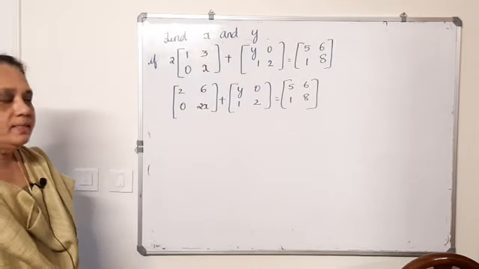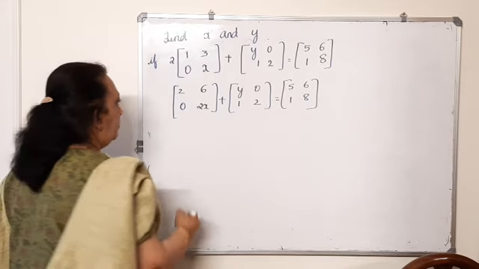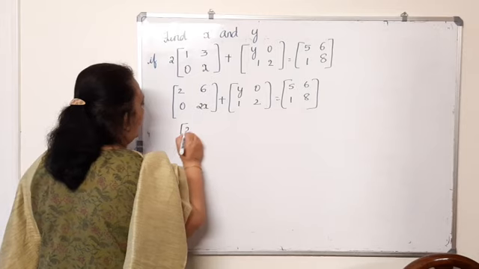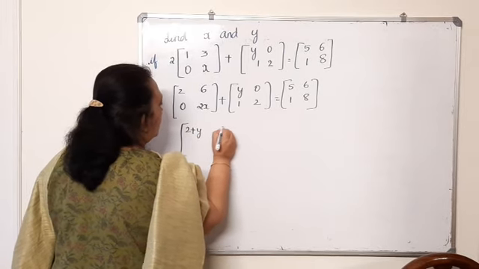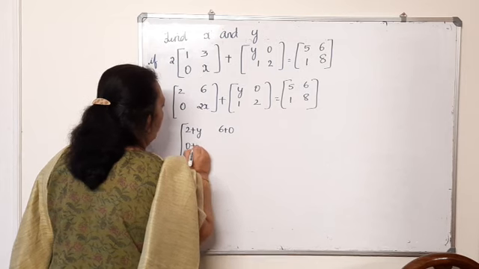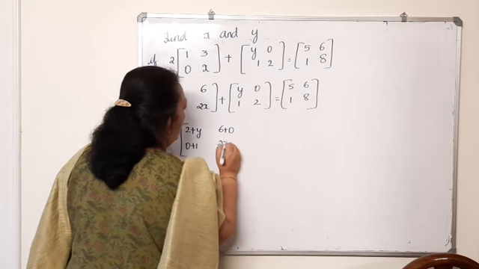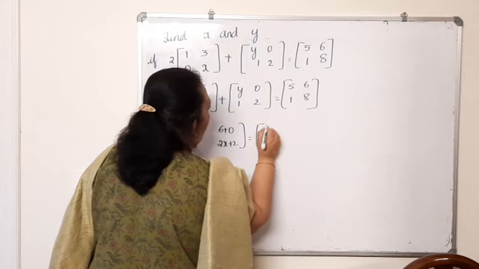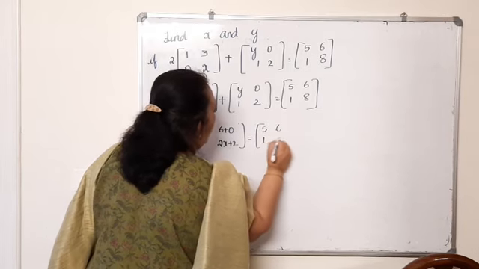Now LHS you can make it as a single matrix because it is matrix addition. 2 plus y, 6 plus 0, 0 plus 1, 2x plus 2 is equal to 5 6 1 8.